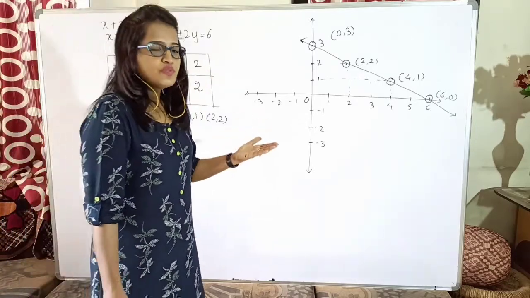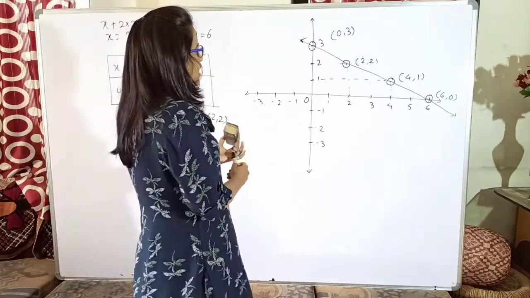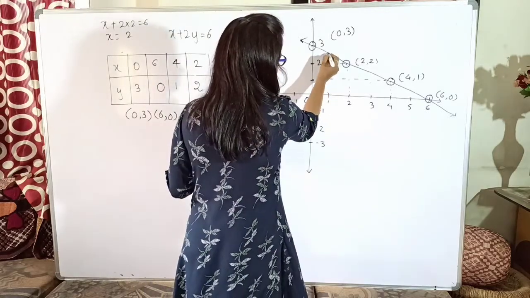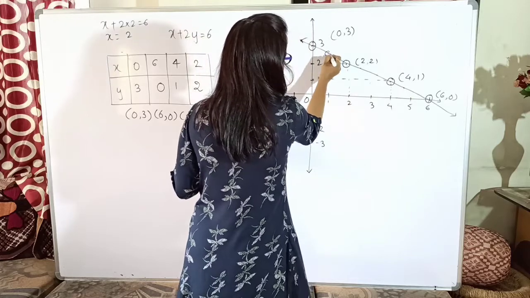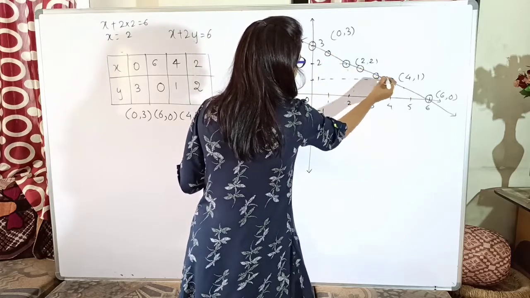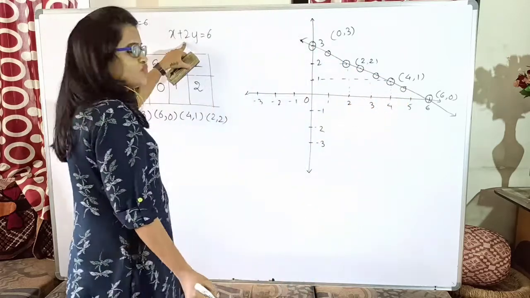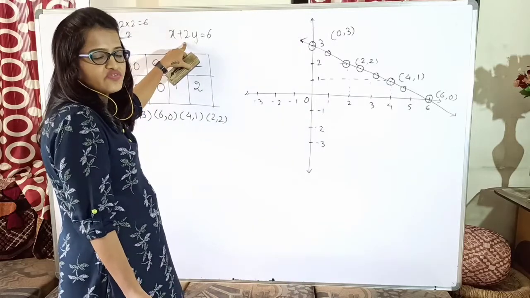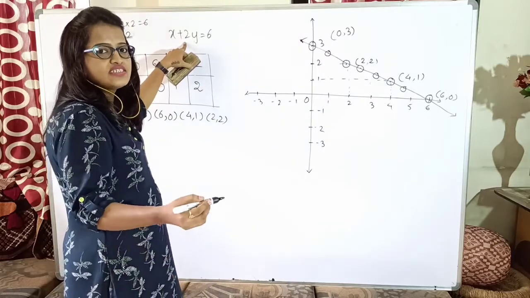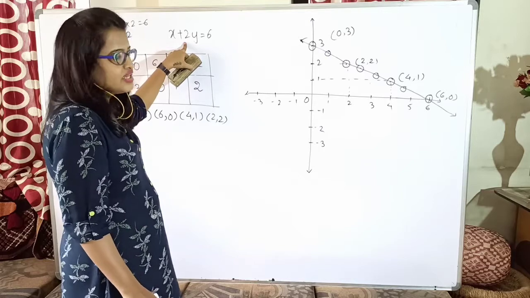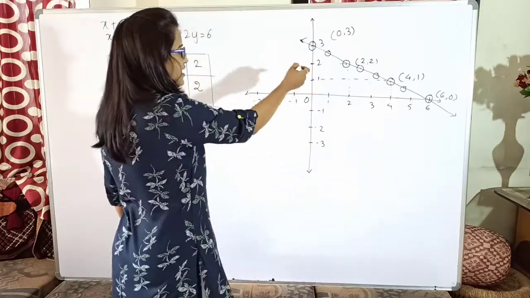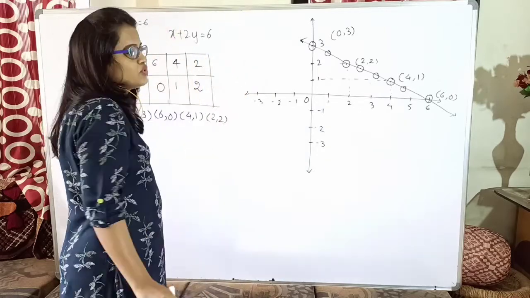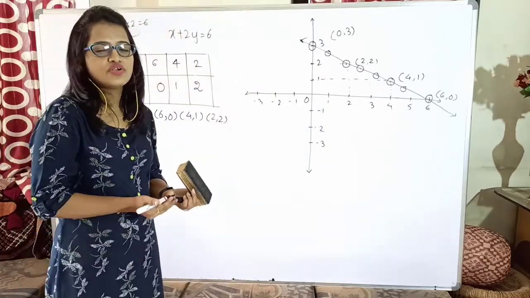And its inverse would be, even though I have not considered the points lying here, here, here, if you find its coordinates and put its values in the given linear equation, you will get LHS equal to RHS.